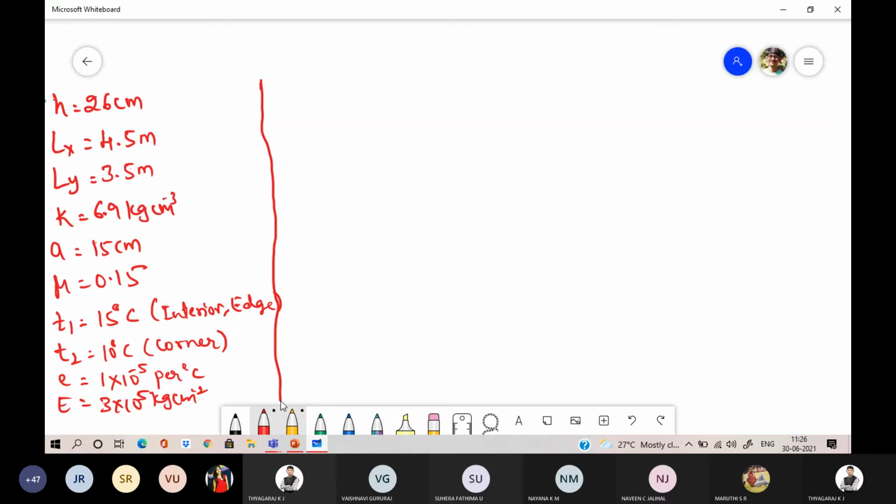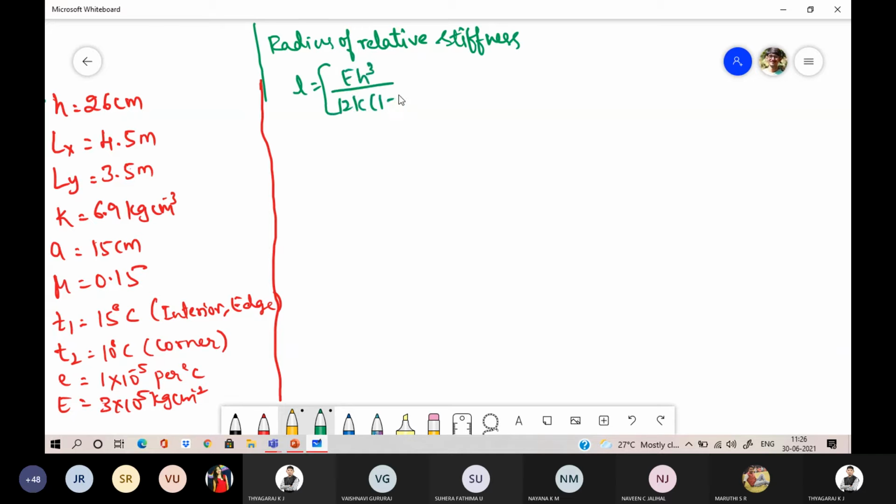First, we will calculate the L value, the radius of relative stiffness. L is equal to [E H cube divided by 12 K into (1 minus mu square)] whole power 1 by 4.